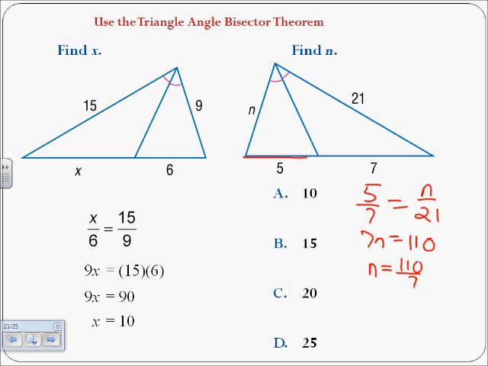I'm sorry, it's 105. I made an error here. I was trying to look for the solution. 21 times 5 is not 110. It's 105, which means this is also wrong. So we have 105 over 7, and that is, of course, 15.